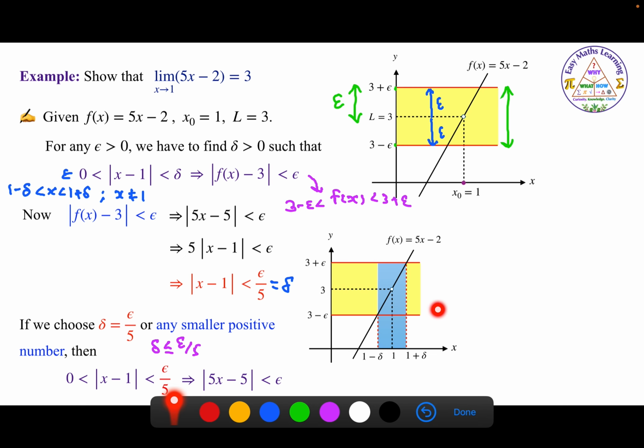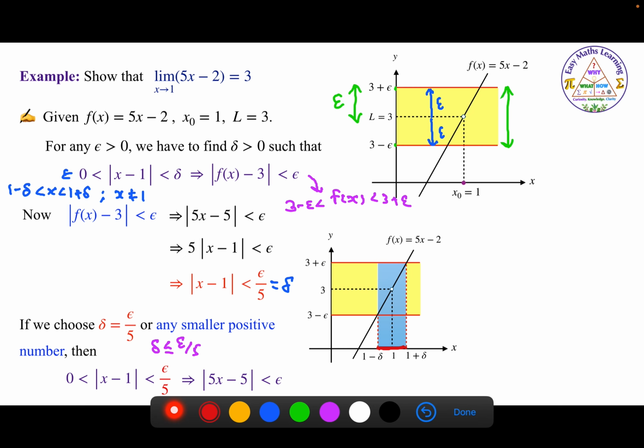Look at the graph. For this epsilon band of function values from 3 minus epsilon to 3 plus epsilon, we get a symmetric delta band from 1 minus delta to 1 plus delta, where delta is less than or equal to epsilon by 5.